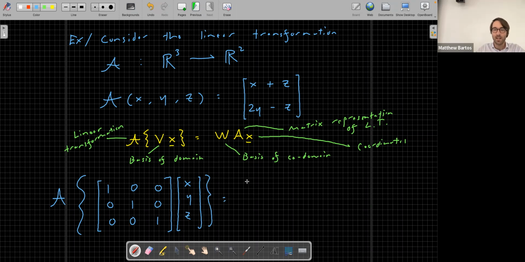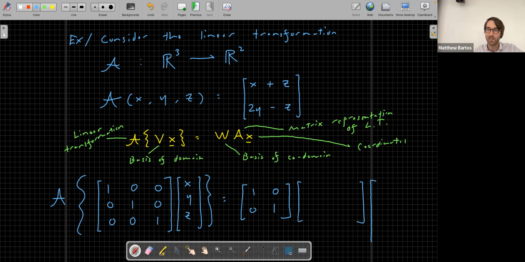Okay, then we have W. So the basis of the codomain, what is our basis of our codomain then? Yeah, so it'll just be the identity matrix in R2. Then we have our matrix A, which I won't fill in yet.